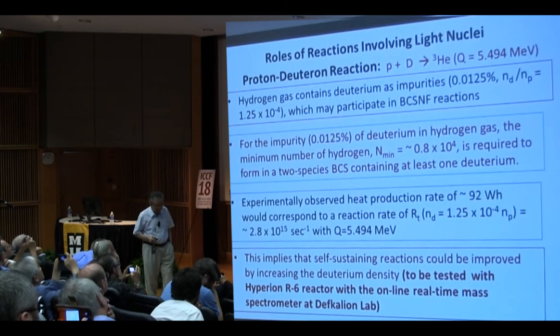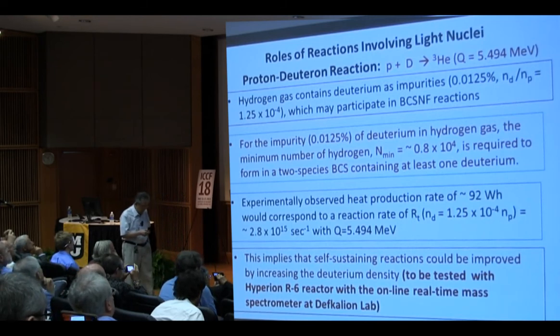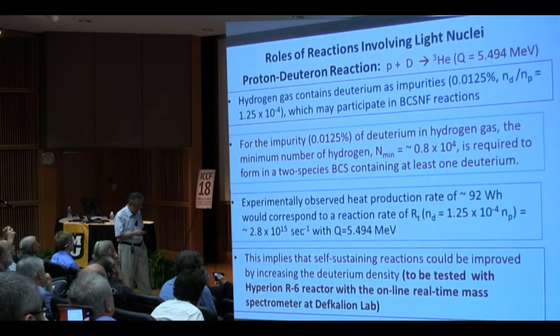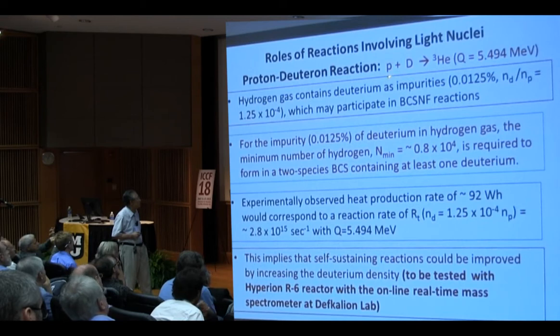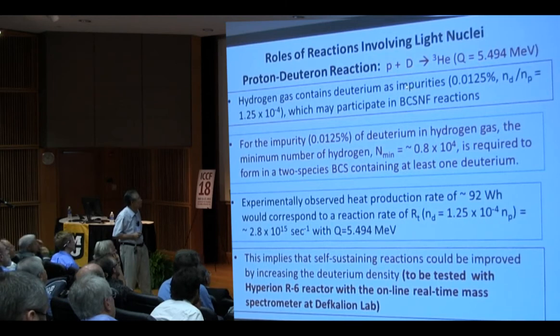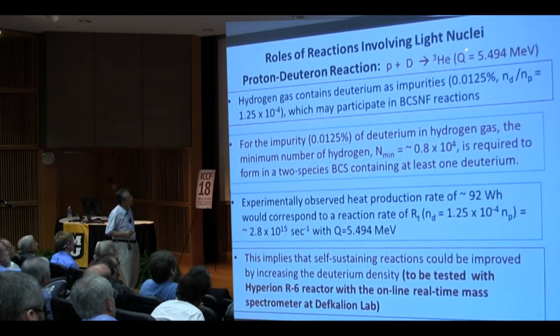Now, if nickel-proton transmutation is not the main process, what would be? We don't know yet, so there is a need for experiment to find that out. But you notice that in hydrogen gas or water, whatever, you can't avoid the deuterium impurity. It's already there, about one deuterium per 10 to the 4 hydrogen. The question is, can that participate in this kind of process in the reaction chamber? Indeed it can.